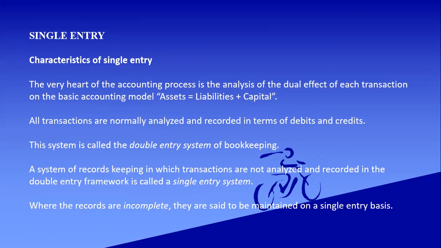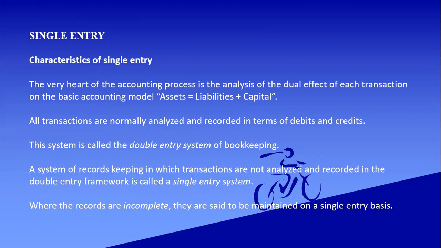All transactions are normally analyzed and recorded in terms of debits and credits. This system is called the double entry system of bookkeeping. So when you have a debit and credit, now we call it double entry. When you record transactions in terms of debits and credits, we have the double entry system.